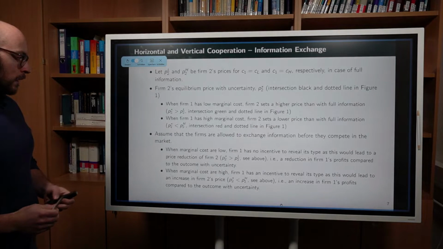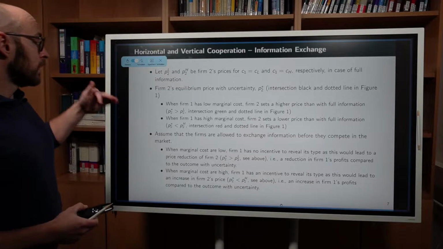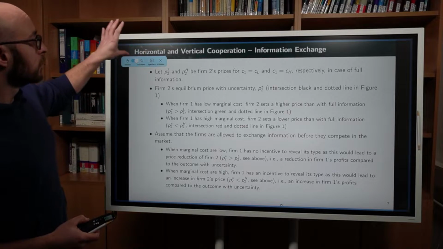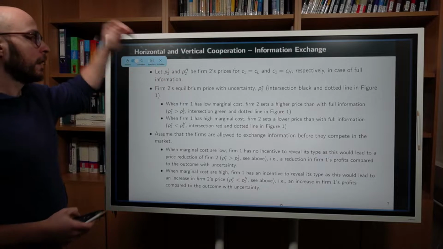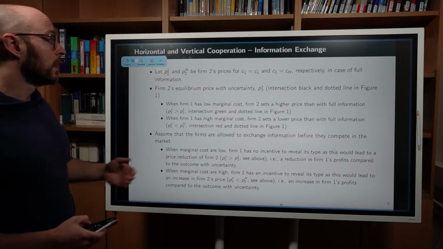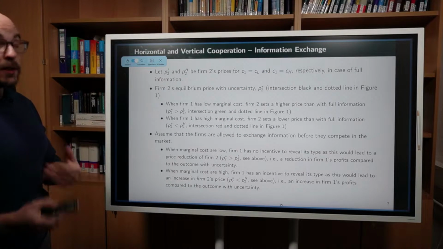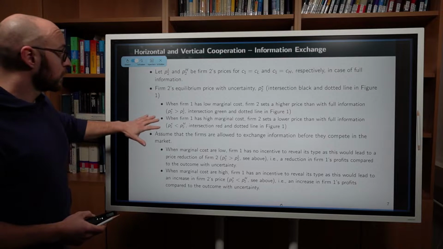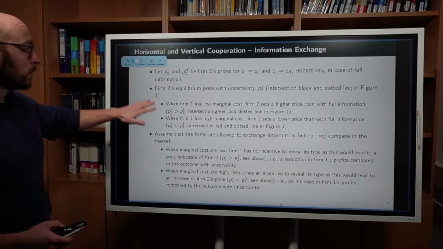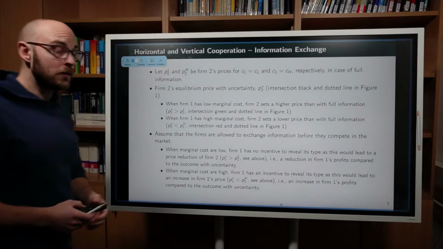Okay, now let's talk about the information exchange. Here again, let us just introduce some notation. P2L and P2H would be firm 2's prices if firm 1's marginal cost would be low and high respectively, with full information. Now, this is just what we have been talking about. Suppose that with uncertainty the price of firm 2 is P2 asterisk.